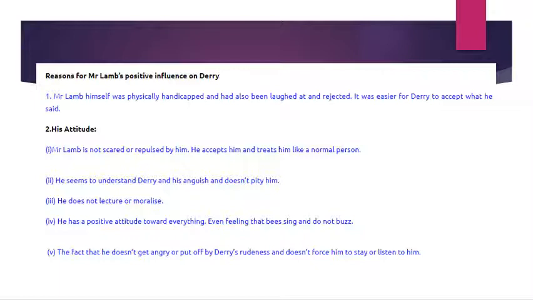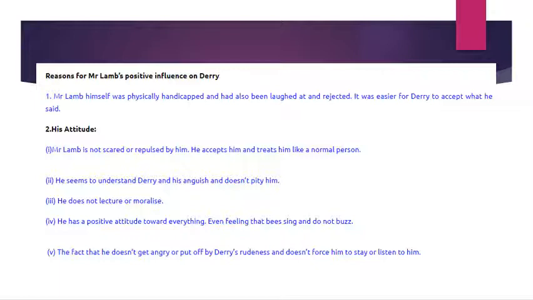And he had also been laughed at and rejected. Mr. Lamb faced a similar situation. It was easier for Derry to accept what he said, and therefore Derry was convinced very easily. And that's why he was influenced very much by Mr. Lamb's positive attitude.